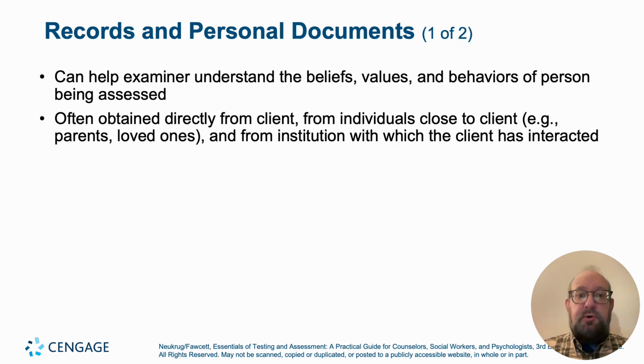Then we talk about records, personal documents. This is all that can be looked at in terms of the client. There are different ways of obtaining this information, right? And they all help paint that picture or have contributing aspects or factors that add another piece to the puzzle, if you will.